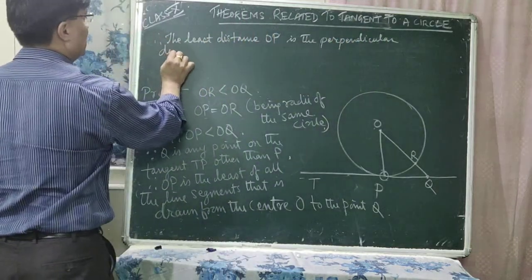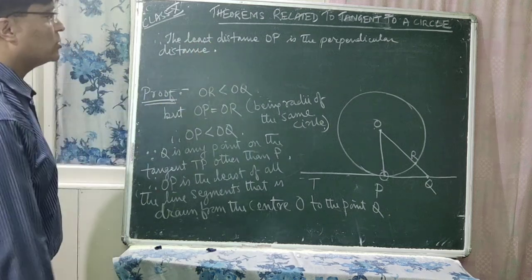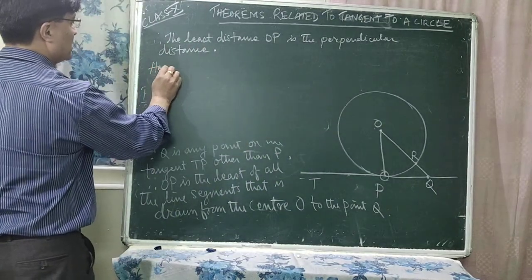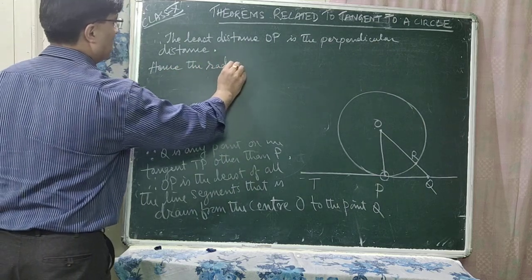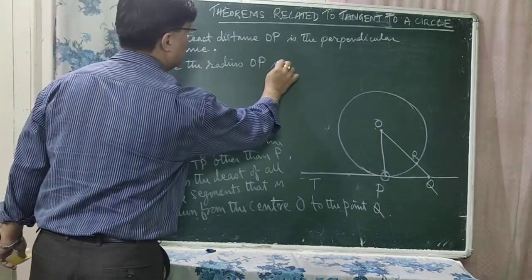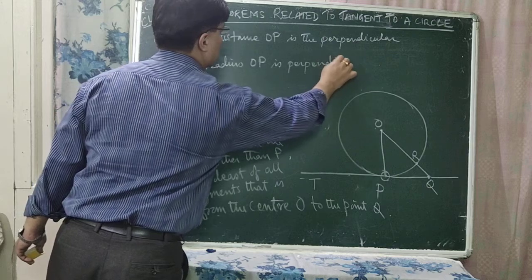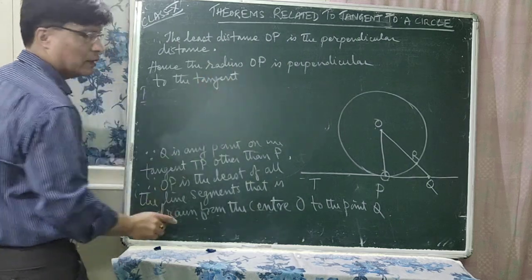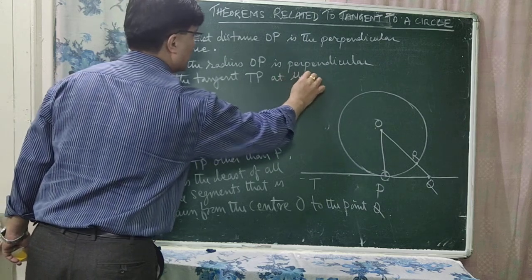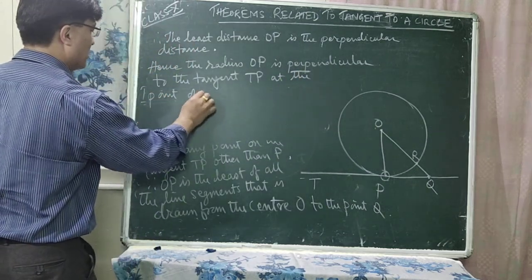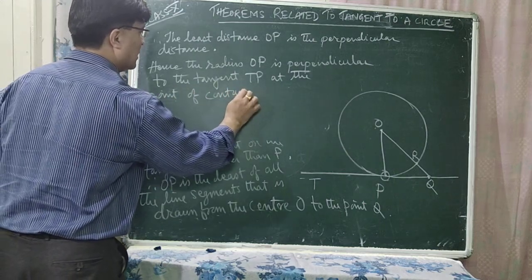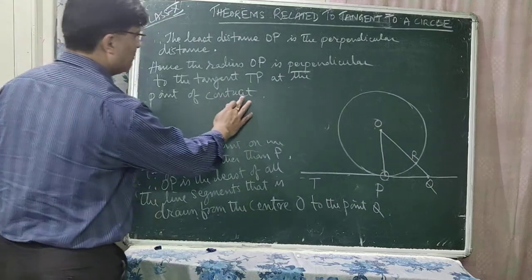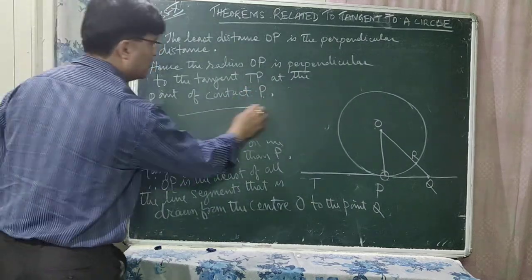Hence, we can write down that the radius OP is perpendicular to the tangent TP at the point of contact P. So proved.